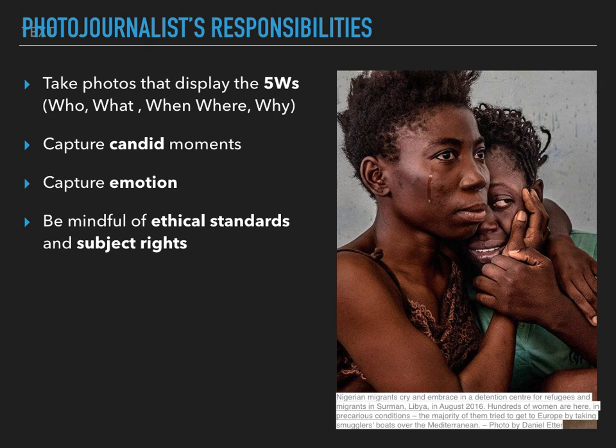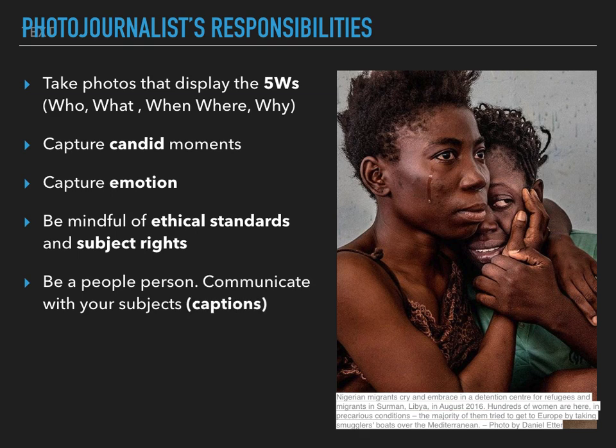Am I portraying this person in the correct light? Am I violating any of their rights by photographing them? These are things that we have to think about constantly as photojournalists. So, again, we will go into these more in depth later, but just as a primer, I just want to let you know that you should be thinking about these things as a photojournalist.